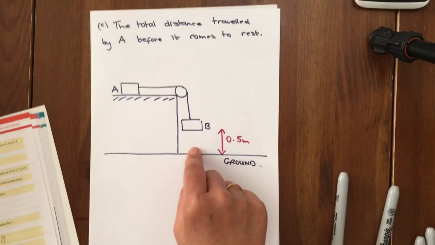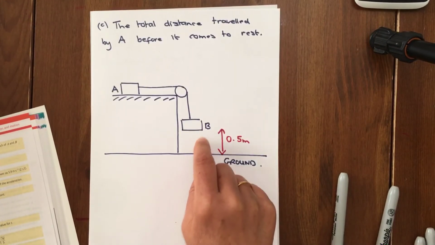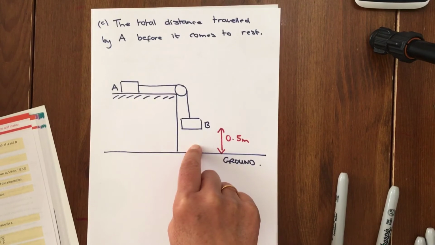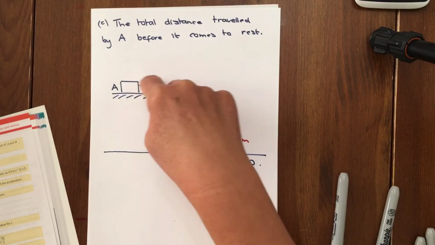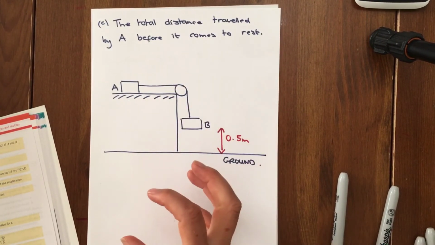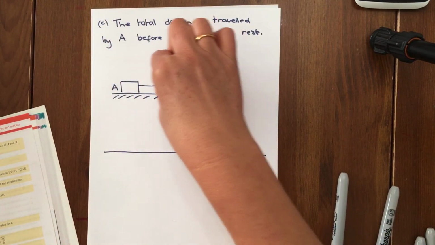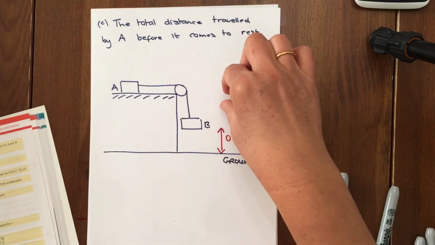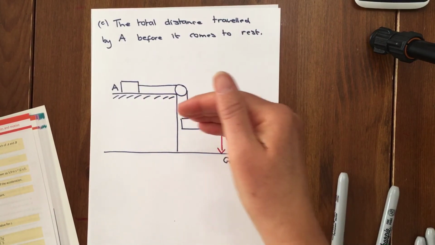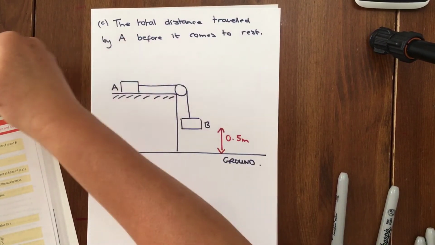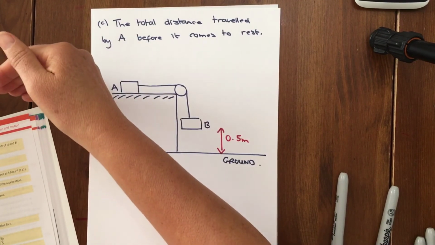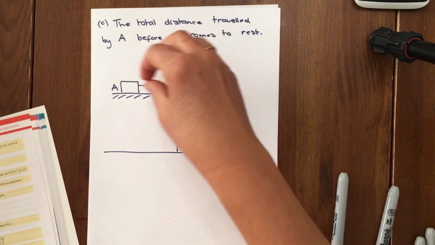Now B hits the ground. Now what happens when B hits the ground? Well, the string will become slack, okay, but because A has got speed, it will carry on moving, but the friction to motion will slow it down. Okay, so it's going to decelerate and stop.